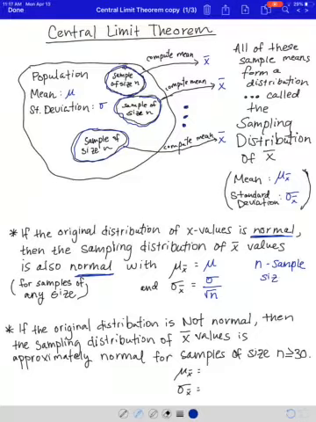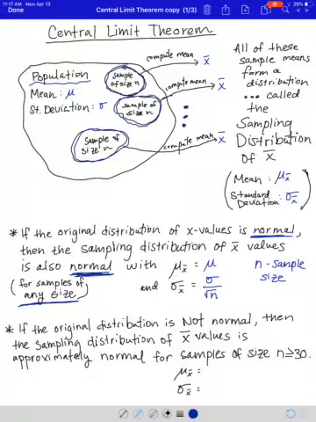Now, if the original distribution of x values, so our very original population, is normally distributed, we said that our sampling distribution is also normally distributed, and this is true for any sample size.